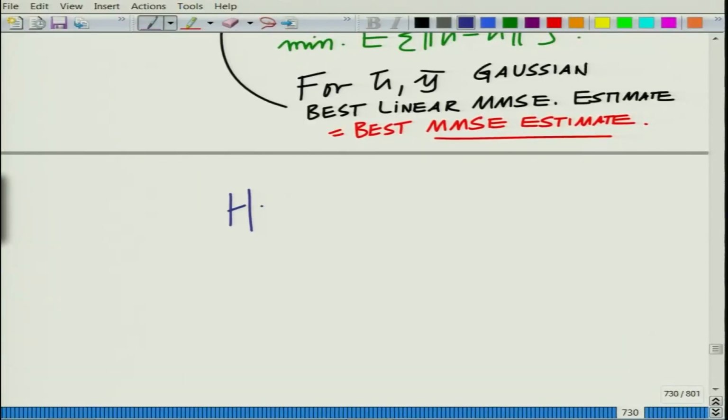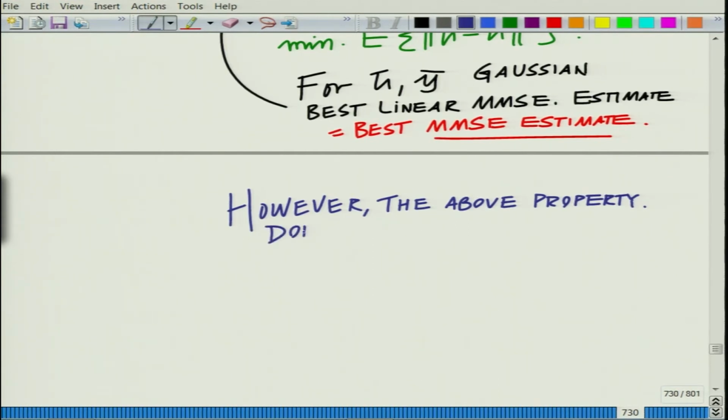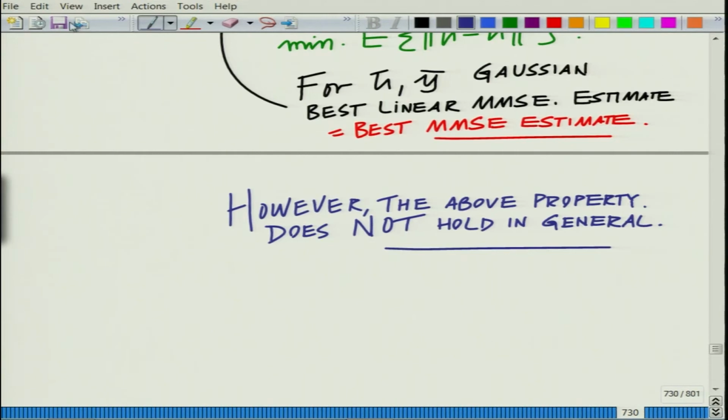However, the above property does not hold in general.